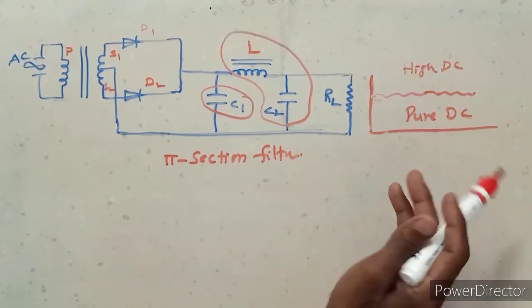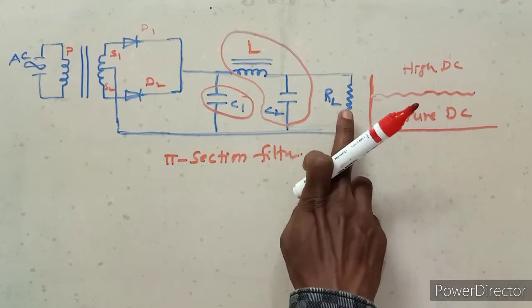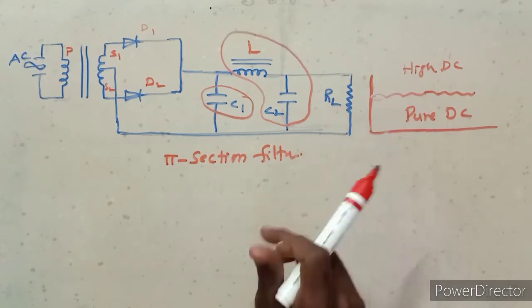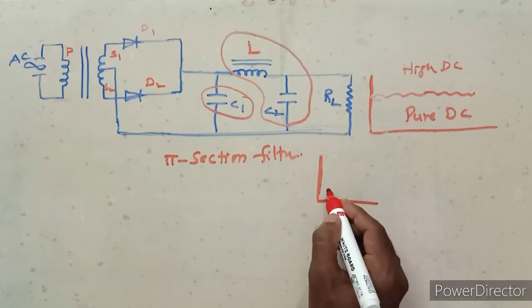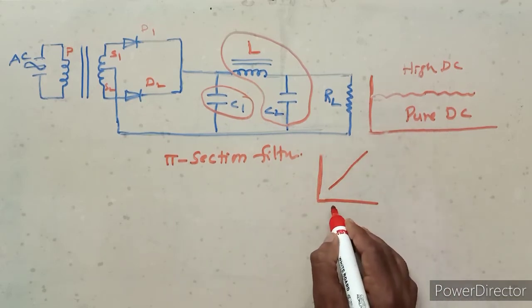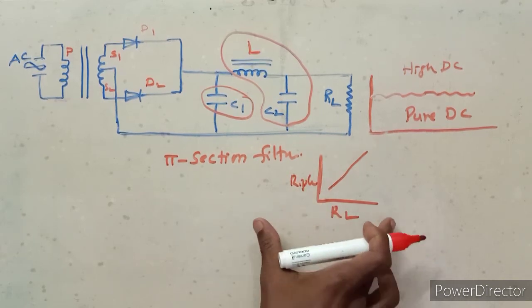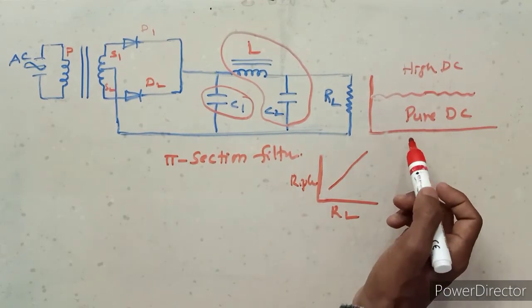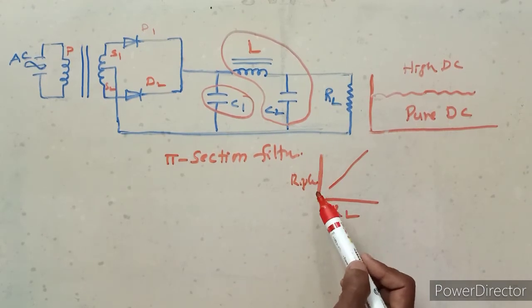In the pi-section filter, the DC output voltage varies much with load current. This is the graph: this is the load resistance, and this is the ripple voltage.